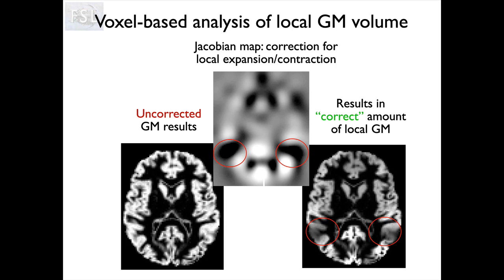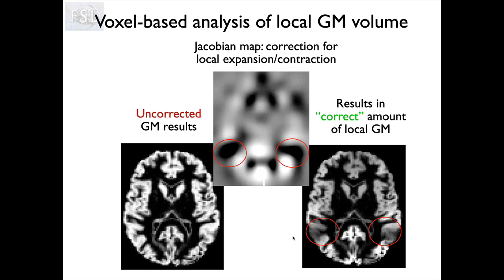So instead, we incorporate this Jacobian information back into that scan, and we modulate our image so that the amount of grey matter that you would see in an area like this is reduced by changing the level of that grayscale. This partial volume estimate of grey matter, which is what this image represents, is now reduced in that area, so that if we summed up over that area, we would have the same amount of grey matter that we would have measured in the equivalent anatomical area of our original image.